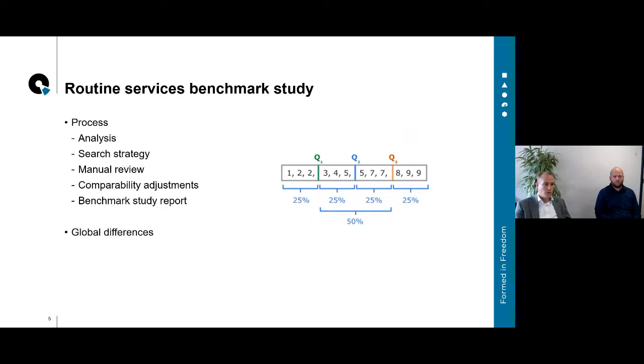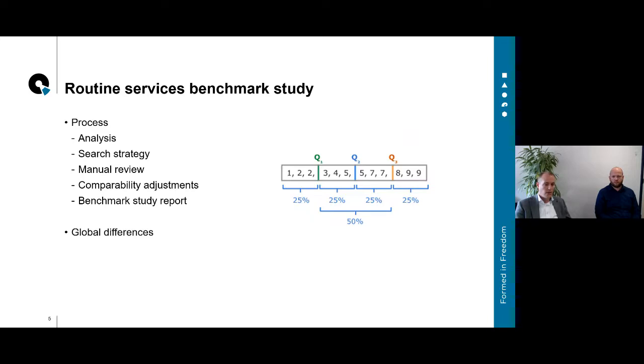Usually you base the margin on turnover or on costs. Then we put the results from the lowest up to the highest result, for example 1% up to 9% in this example. The mid 50% of the results is what we call the interquartile range.